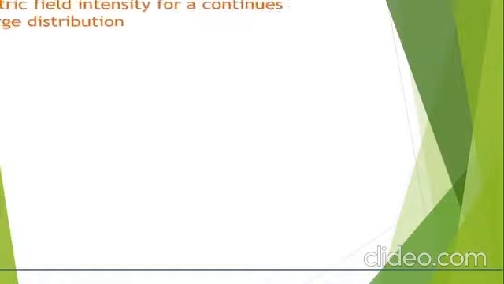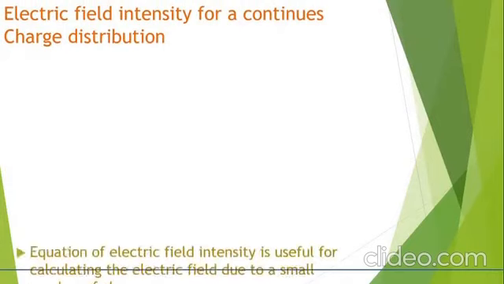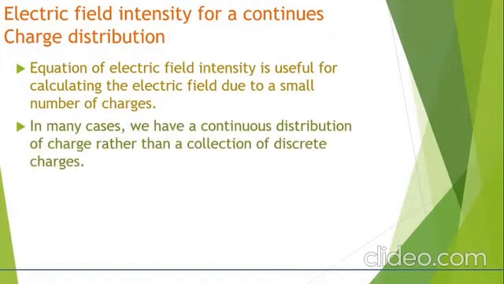Now we'll discuss electric field intensity for a continuous charge distribution. The equation of electric field intensity is useful for calculating the electric field due to a small number of point charges. But in many cases, we have a continuous charge distribution rather than a collection of discrete charges.